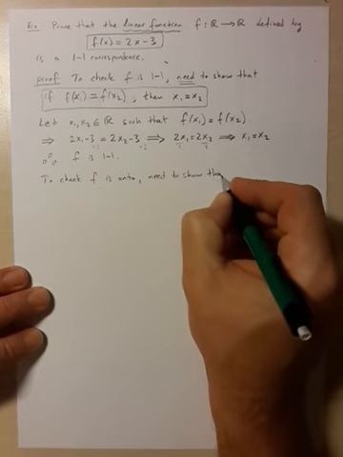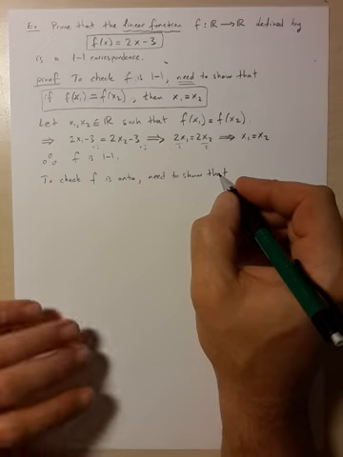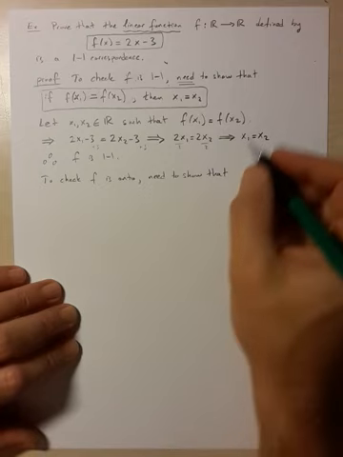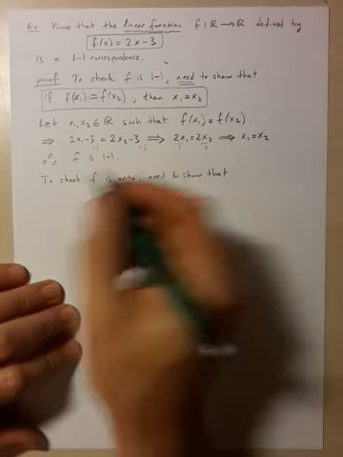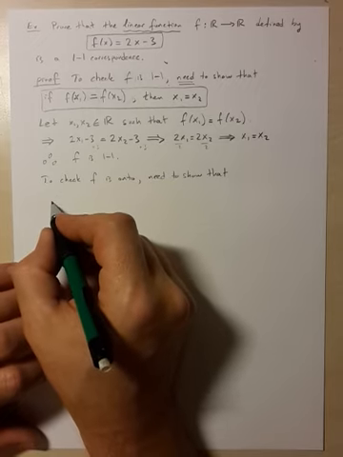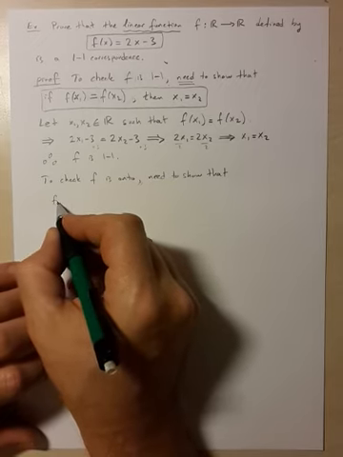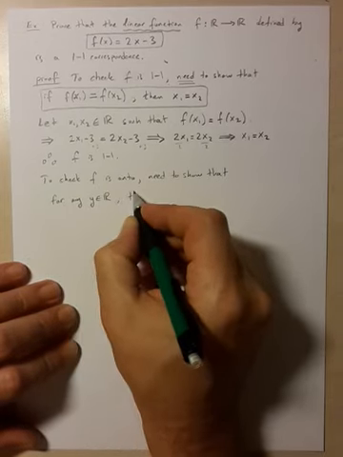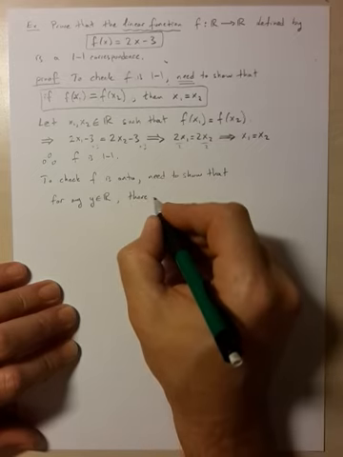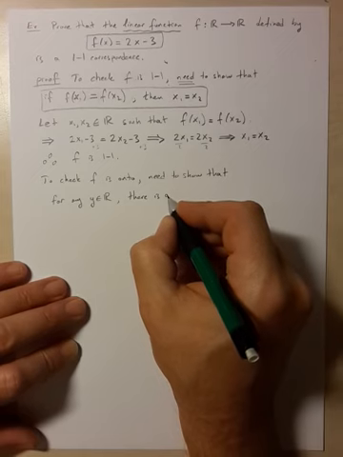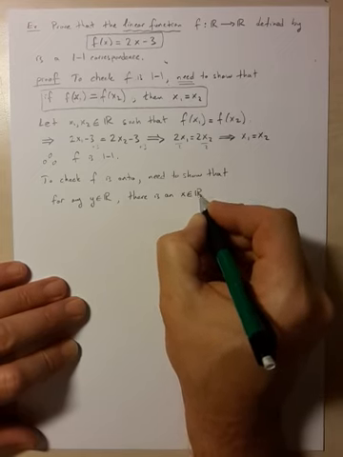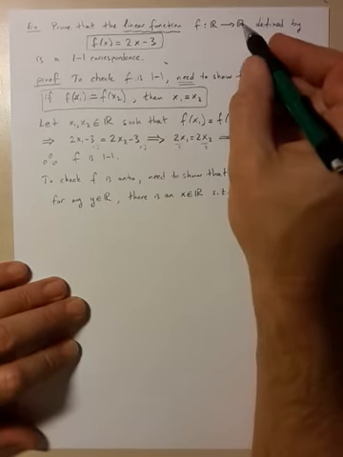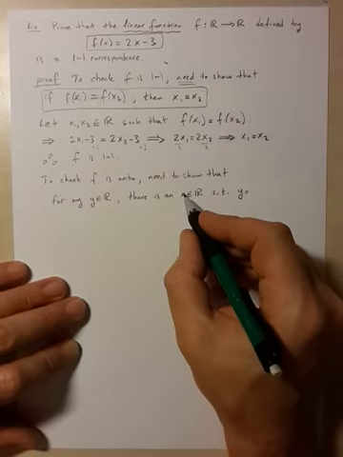We need to show that for any y in R, there is at least one x in R such that this y, taken from the codomain, is the image of x under f.